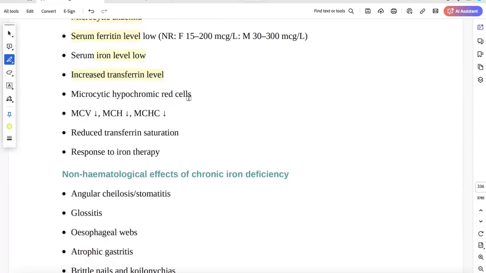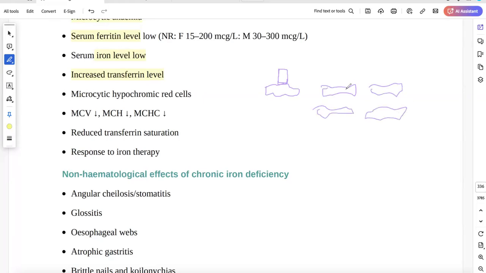They can also have increased transferrin level. Why do we get increased transferrin level? Because transferrin is a protein in the blood which is supposed to carry the iron. Now, if there is lack of iron in the body, what will happen? More and more transferrin is alone, not getting bound with the iron.